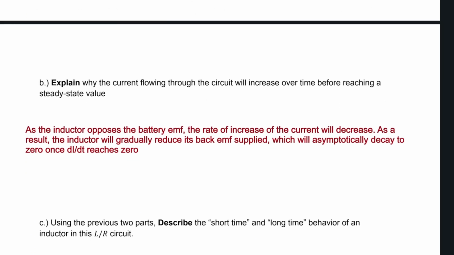So the inductor will oppose the battery EMF, causing the rate of increase of the current to decrease. As a result, the inductor will gradually reduce its back EMF, which will eventually decay to no back EMF.